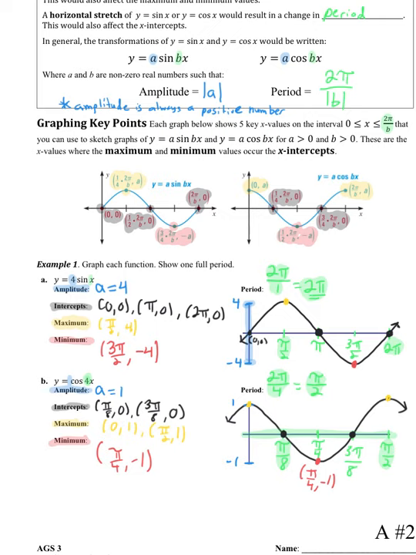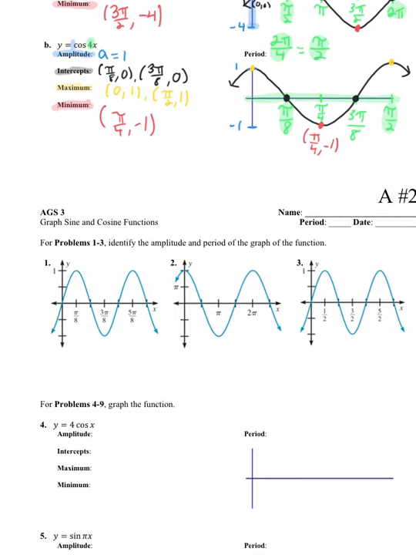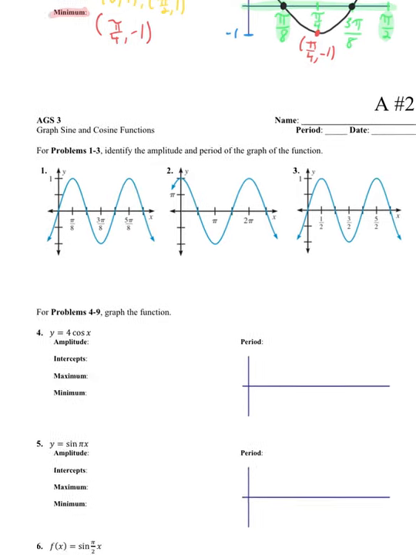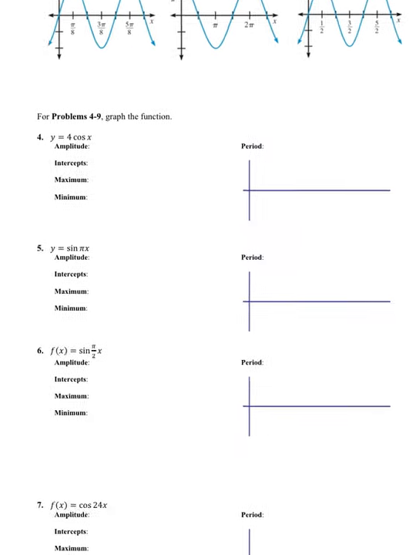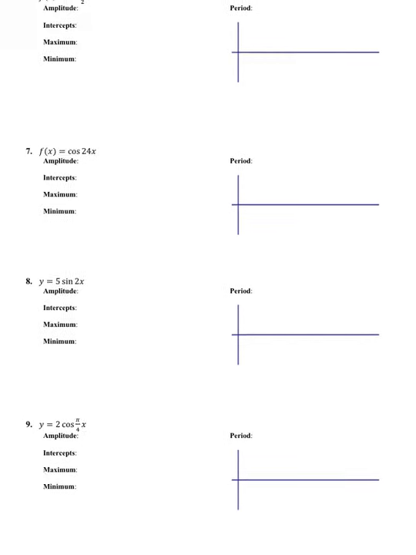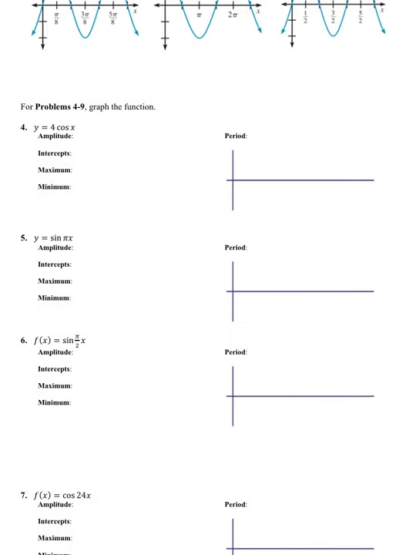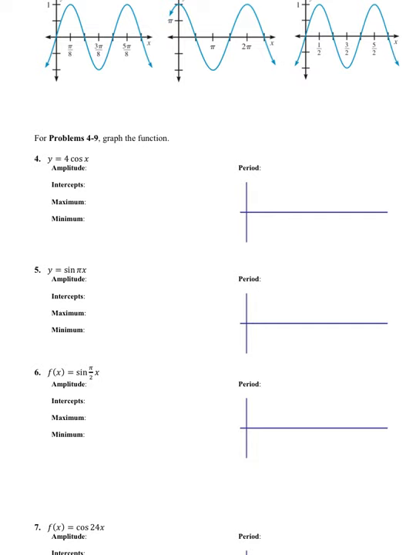Okay, so now on your assignment tonight, what you're going to be asked to do, the first 3 problems, identify the amplitude and period just by looking at the graphs. So can you identify the a value and then the period of the function? And then problems 4 through 9, like I said, what I want you to do absolutely first, identify, is it sine or is it cosine, and then sketch it before you do anything else.